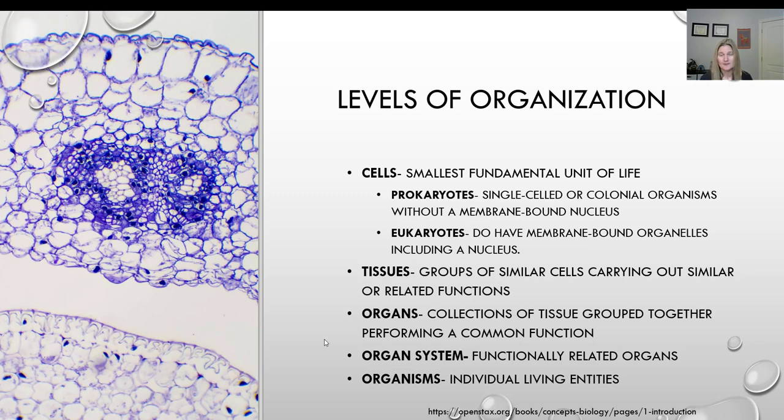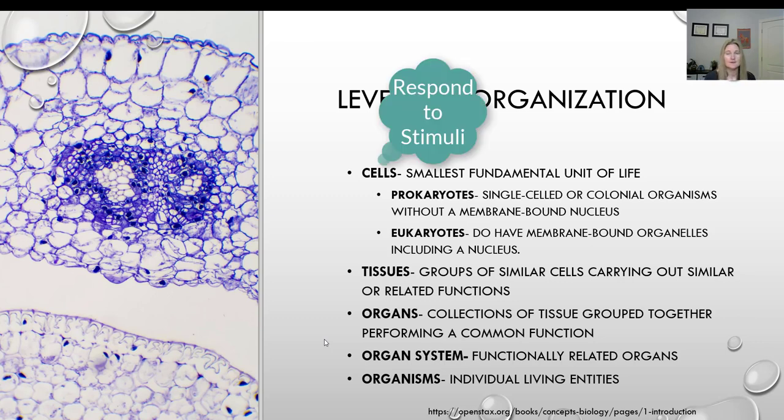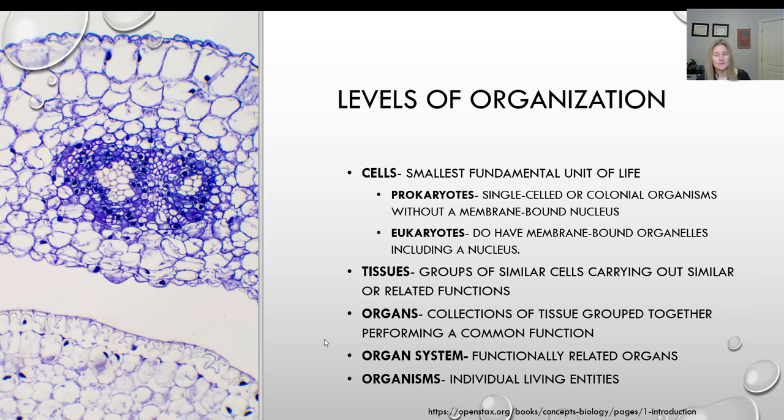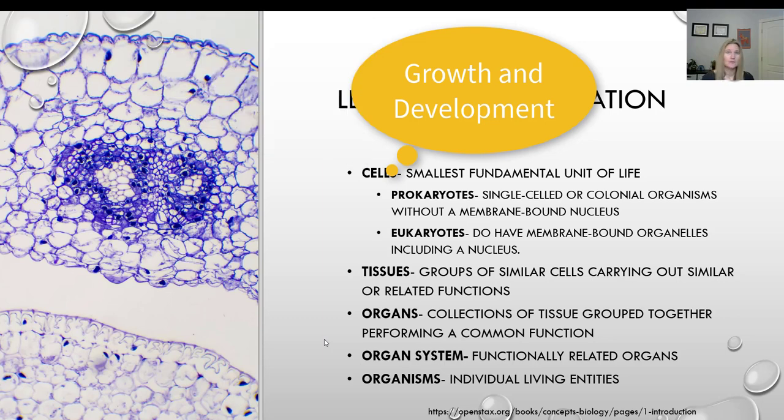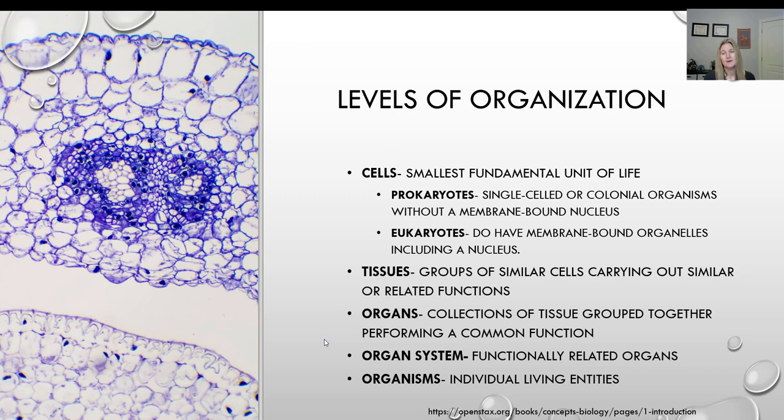Cells also respond to stimulus. If a cell is heated, it will change in the way to kind of move away if needed. Cells can certainly reproduce. They divide into new cells. They can grow and develop. Once a new cell is formed, it still needs to make more organelles inside so it can function properly.